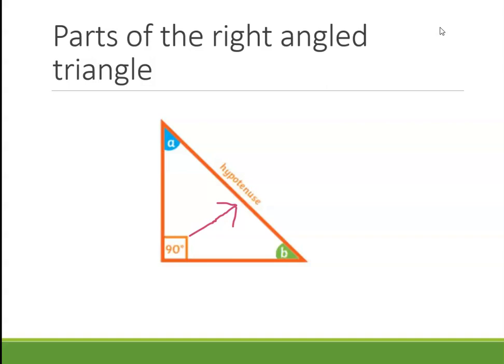It is the slant side of the triangle, the slope, the longest side of the right-angled triangle, and it is always facing the right angle. You need to know that.